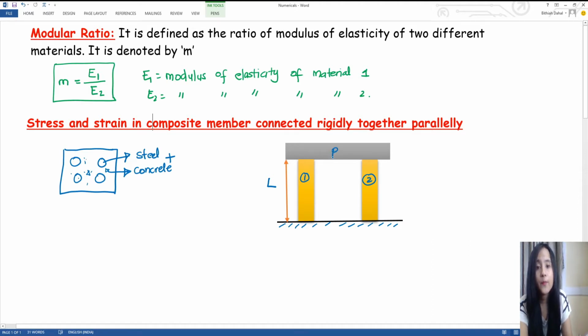This load will be transferred among these two members, and they will carry it as P1 and P2. It will be distributed. So the total load P will be equal to P1 plus P2.